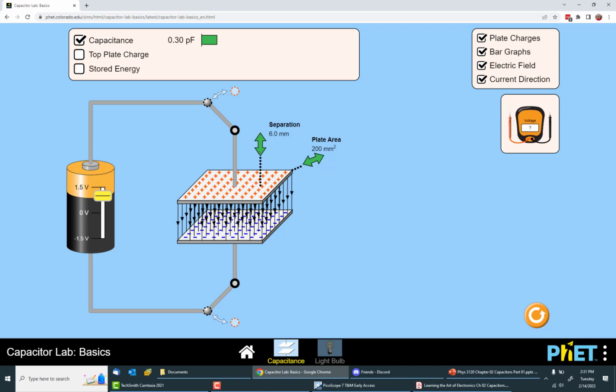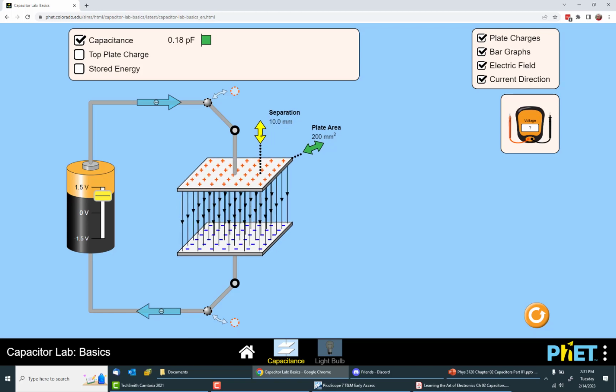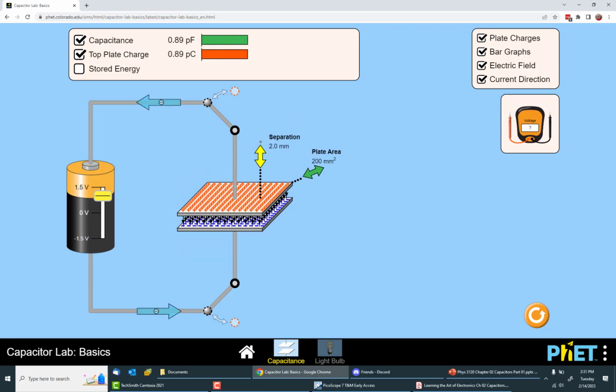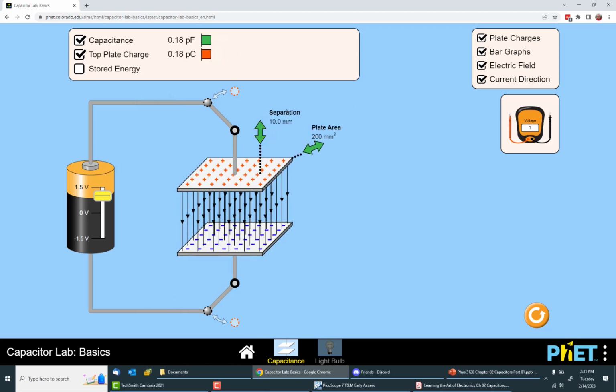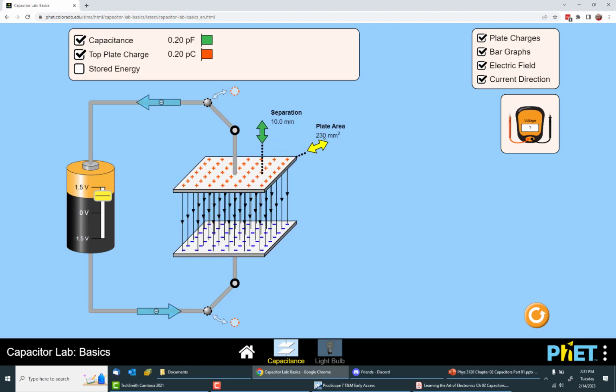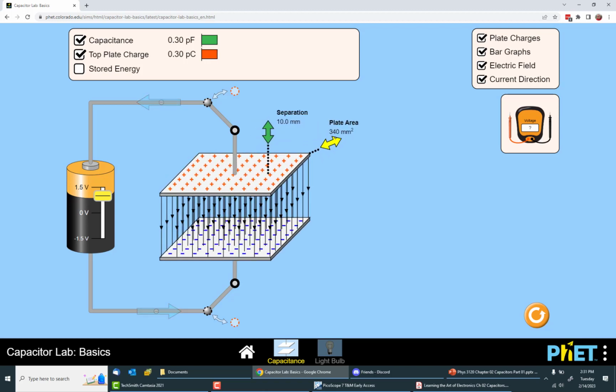And this thing is neat because I can change the separation. So the electric field is weaker now. I didn't change the voltage. The amount of charge Q will change. And then I can also change the area. And you see you have current flow.